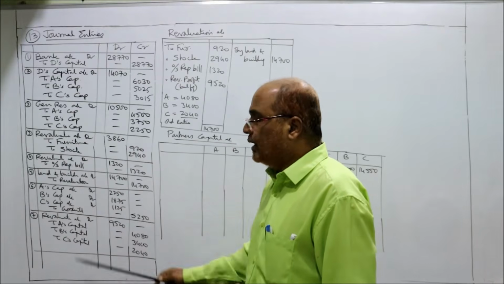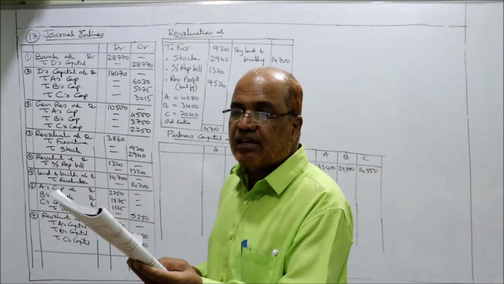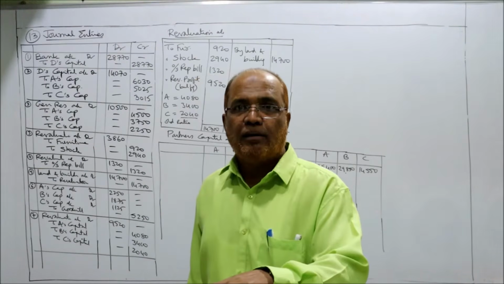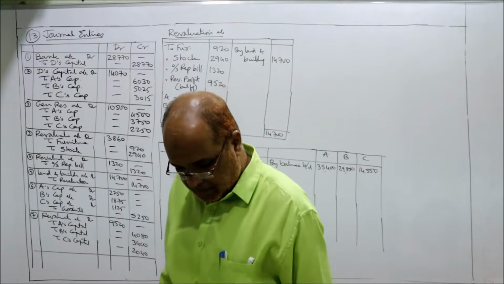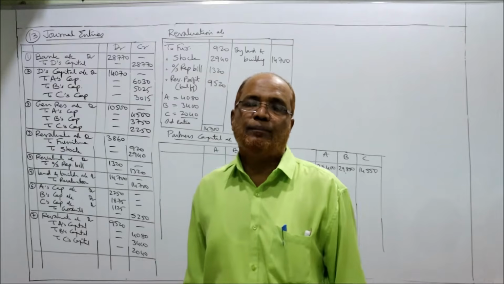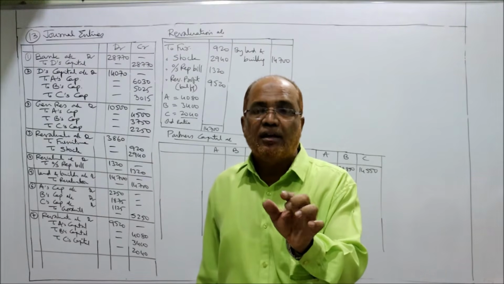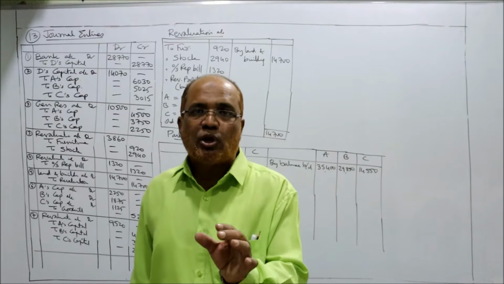Then goodwill. This is the first problem in which existing goodwill is given in the balance sheet. Before the new partner came, when the old partners A, B, C were there, goodwill is given in the balance sheet as 5,250. So it is suggested that if existing goodwill is there, that should be written off by old partners. So goodwill will show debit balance.